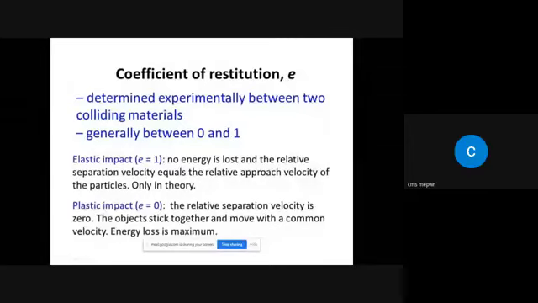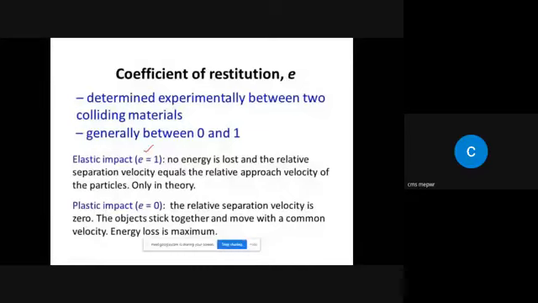Coefficient of restitution, like coefficient of friction, is determined experimentally, and it is between the two colliding materials, and generally its value is from 0 to 1. If the value of coefficient of restitution, which is represented by E, is 1, that means we have elastic impact. Elastic impact means after the impact, both bodies can come back to their initial position.